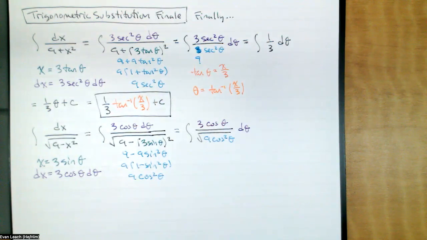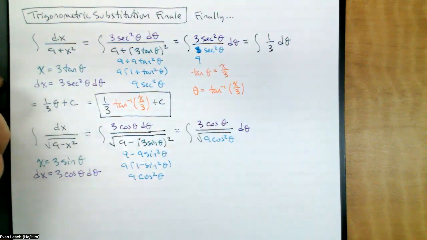Now, in this case, we have the square root of 9 cosine squared theta. We only have a cosine on top, and we're only going to have a cosine in the bottom, and they're both going to cancel out. So the square root of 9 cosine squared theta will simplify to just 3 cosine theta.